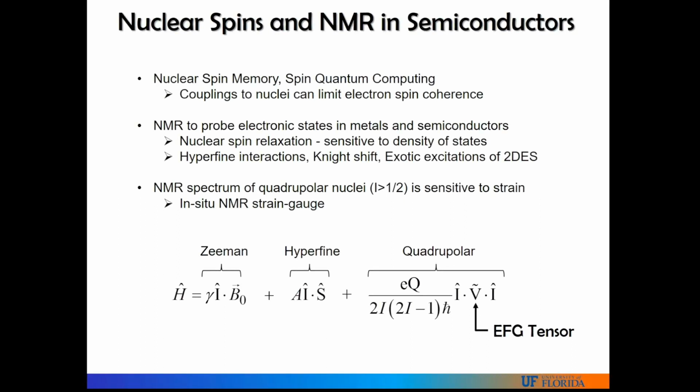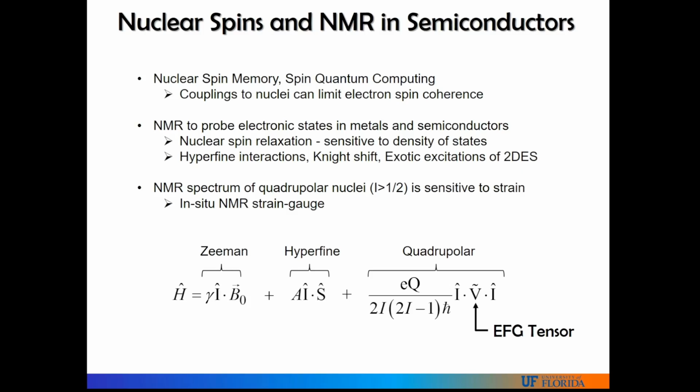First of all, nuclear spin memory. There's lots of discussion about the potential to use nuclear spins in memory devices, in spin quantum computing, and the importance of electron-nuclear couplings in the decoherence of electron spin transitions. NMR has also been used extensively to probe the electronic states in metals and semiconductors for decades now.